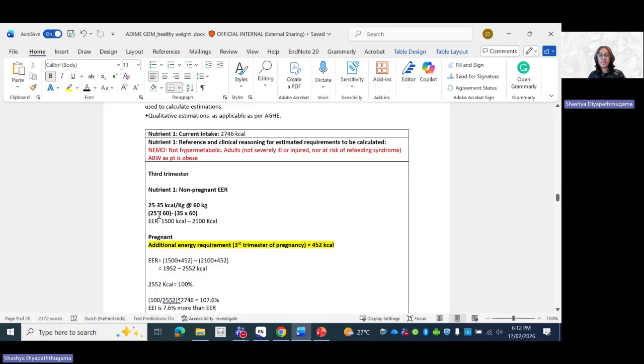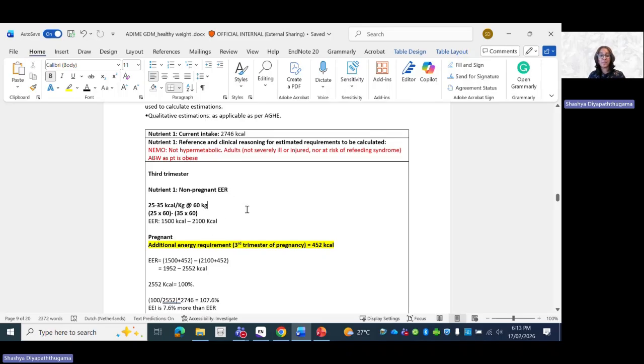So using that, we can calculate the upper and the lower limits of the estimated energy requirement. So we multiply 25 by 60 to get the lower limit and 35 by 60 to get the upper limit. So accordingly, her estimated energy requirement is 1,500 to 2,100 kilocalories. And that is if she was non-pregnant.